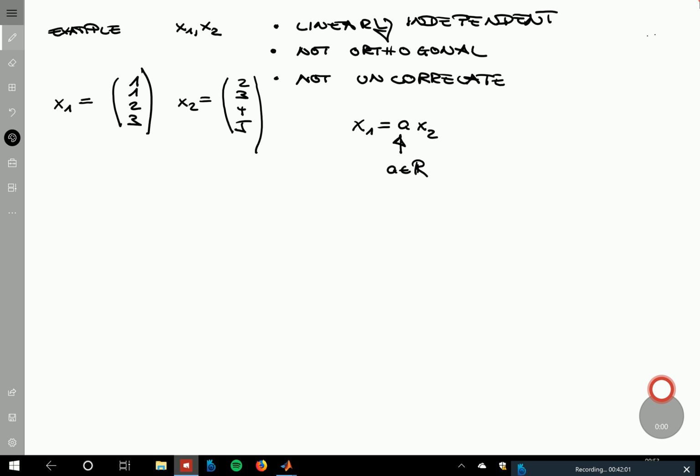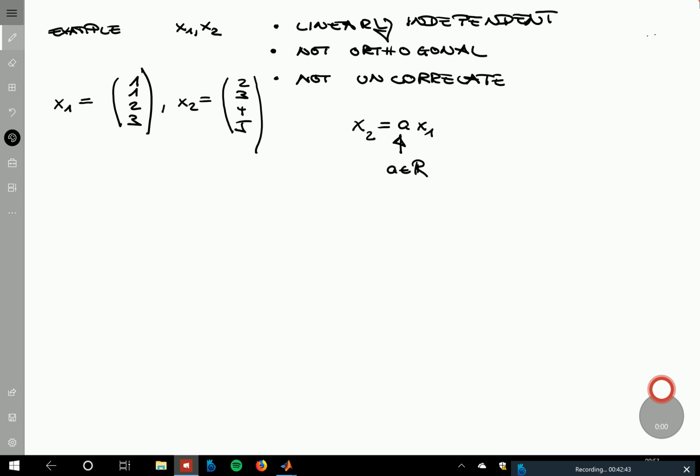If we do this again, we get 4.2. I'm doing it the other way around here, so don't get confused. The first 2 entries of x2 always need to be the same if we do this. And here you see that x2 has first entries 2 and 3, which are not identical. So there cannot be an A that transforms x1 into x2. So x1 and x2 must be linearly independent. Everybody happy? Good.